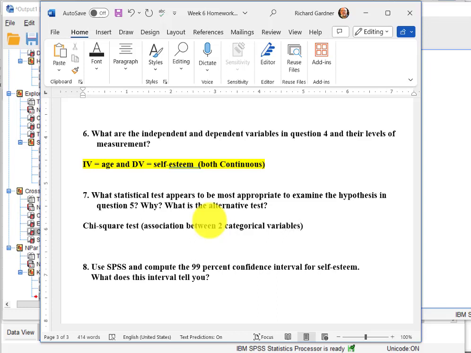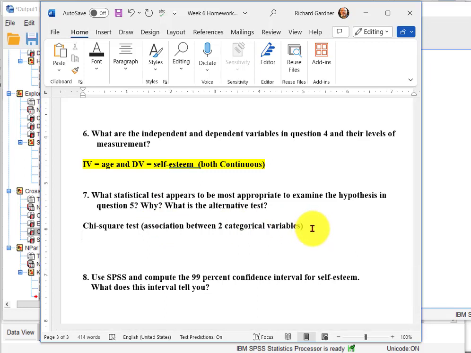Before you rip me apart, ethnicity is definitely a categorical or nominal variable. Now, the level of education could be a categorical variable because it's only got three levels, or it could be an ordinal variable. If you're going to treat them both like categorical variables, you would use the chi-squared test.